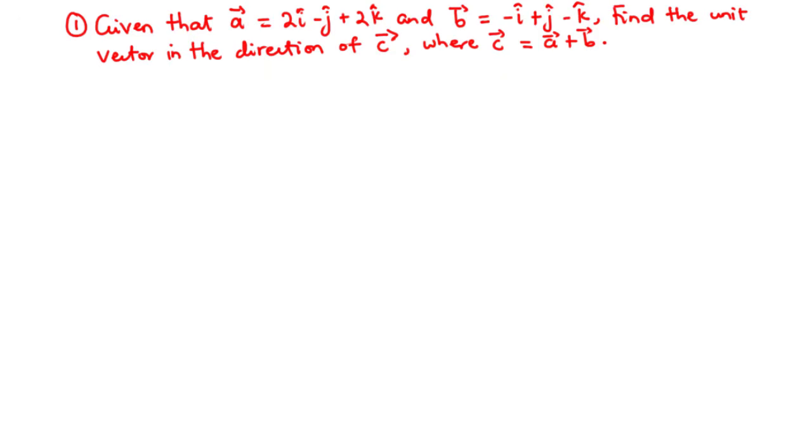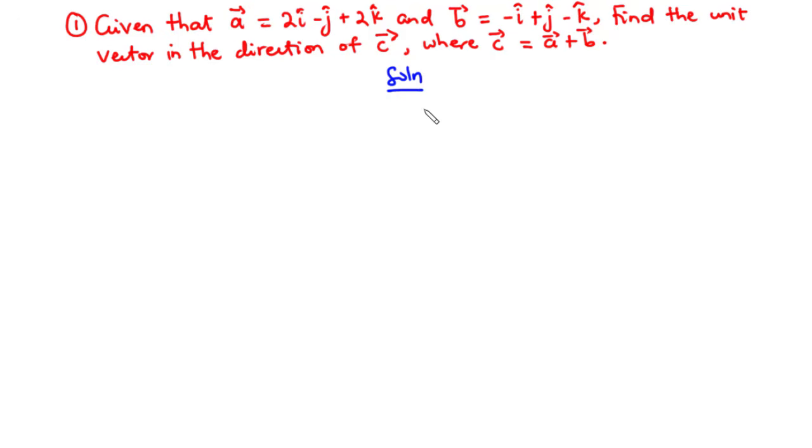So let's try our first example, example 1. Given that vector A is equal to 2I cap minus J cap plus 2K cap, and vector B is equal to negative I cap plus J cap minus K cap, find the unit vector in the direction of vector C, where vector C is equal to vector A plus vector B. So let's solve this question together.